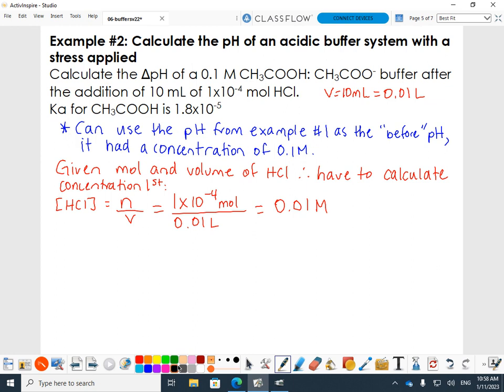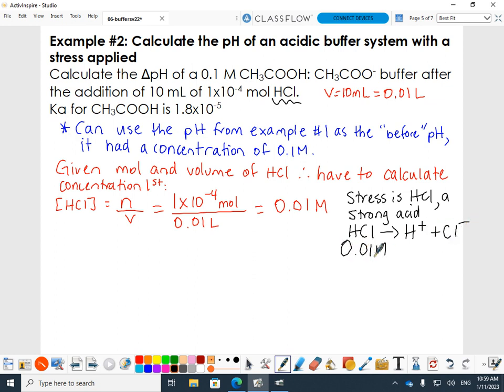Okay? So as I said, the stress we're going to add, in this case, is HCl. HCl is a strong acid, and it will always be a strong acid or strong base, okay? And strong acids have 100% dissociation. So if this is 0.1, so is this.